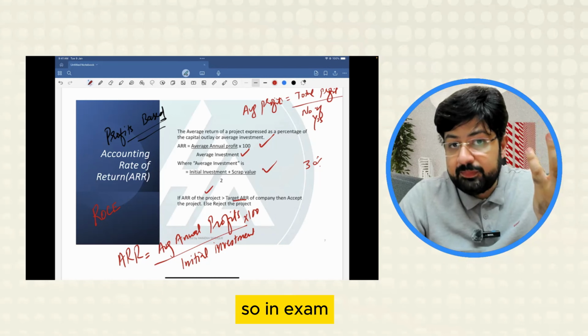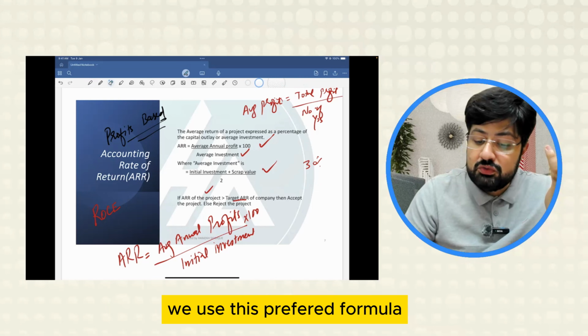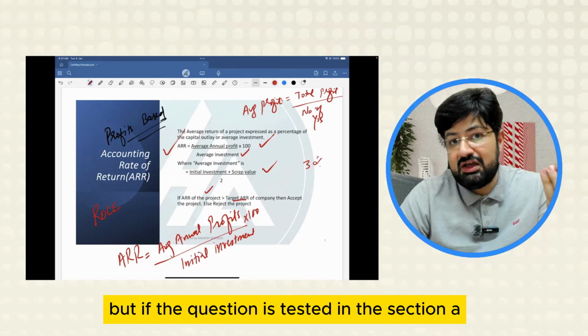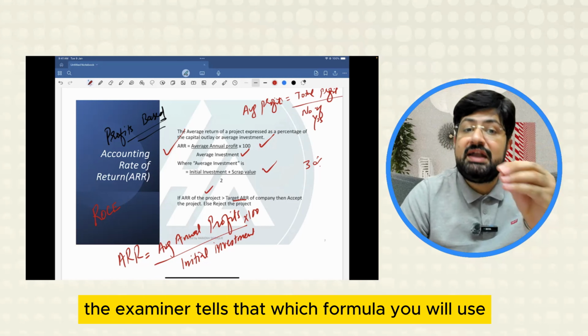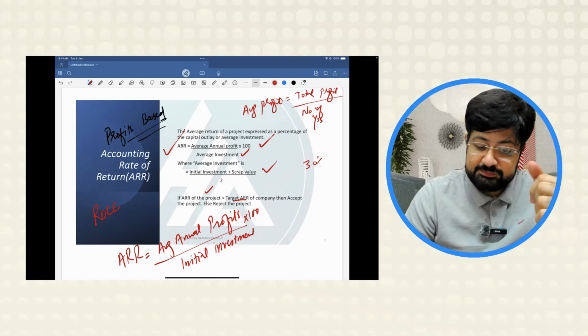So in the exam, if the examiner is silent in section C, we use this preferred formula. But if the question is tested in section A or section B as an OTQ, the examiner tells you which formula to use, based on initial investment or based on average investment.